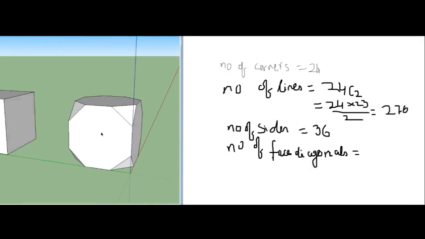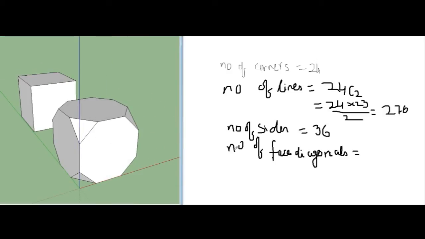How many diagonals are there for an octagon? The number of diagonals of a polygon is given by n into n minus 3 divided by 2, the formula for an n-sided polygon. For an octagon, n is equal to 8, so that is 8 into 5 by 2, which is equal to 20.